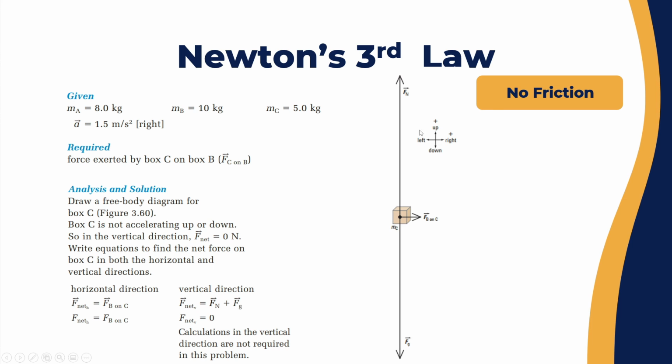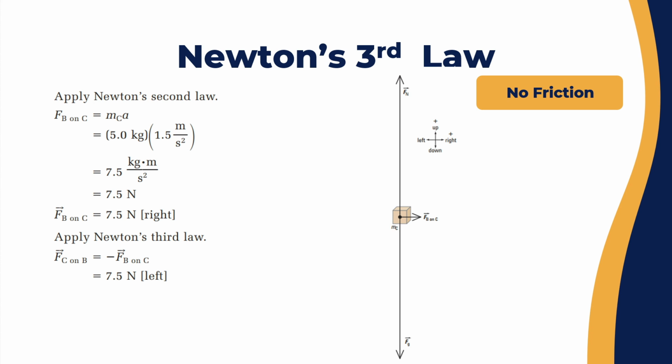You set your convention of directions. Right is positive, up is positive, left and down are negative. Box C is not accelerating up or down, so in the vertical direction F net is 0. We write the equations to find the net force on box C in both horizontal and vertical. Horizontal direction, F net horizontal equals F B on C, and the F net vertical is 0. We ignore vertical in this case.